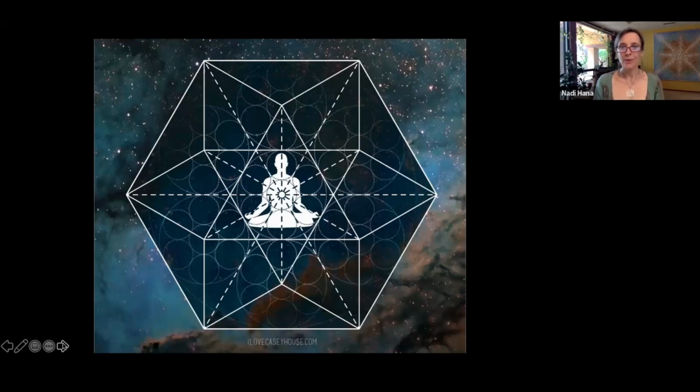We're talking about geometric structures that are able to expand and contract and connect us with the infinite as well as the finite. That's the vector equilibrium. I don't know where we're going next.